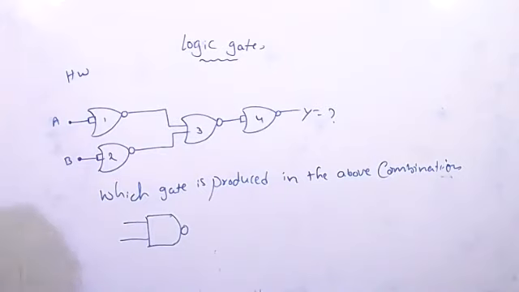Sir, NOR gate should have 2 inputs, no, sir? NOR gates should have 2 inputs. No problem. In one input, how you will do, sir? One input, one output. Sir, that is two input. Sir, both are common.